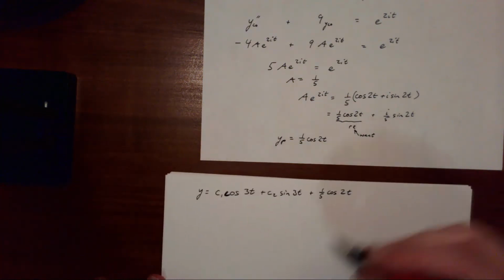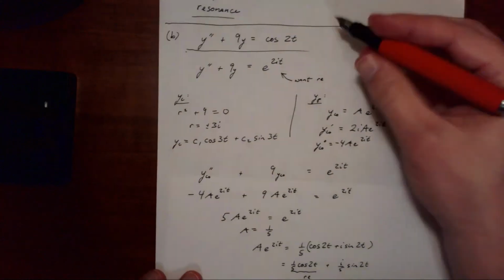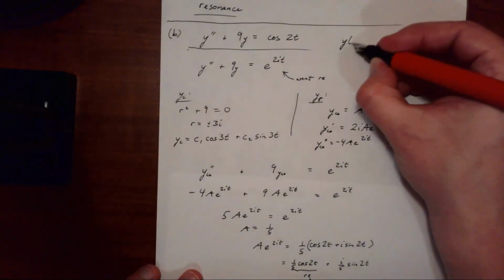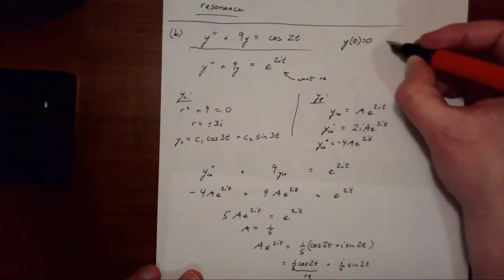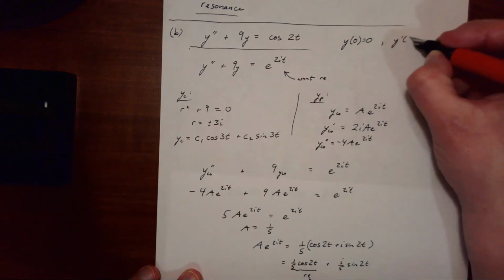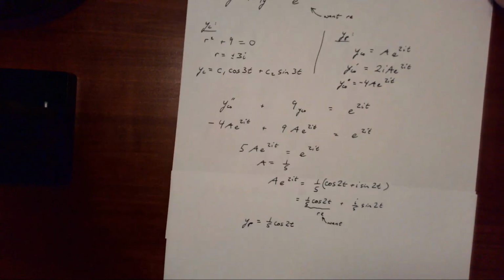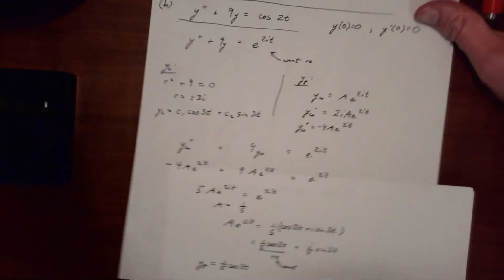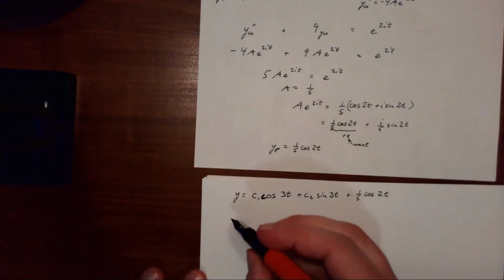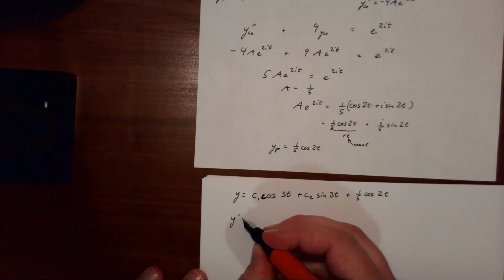Oh, I forgot to give us some initial conditions. How about the initial conditions here are the same as before: y(0) equals 0, y prime of 0 equals 0 as well. Okay, well, to implement these initial conditions, I'll need the y prime, so here we go.